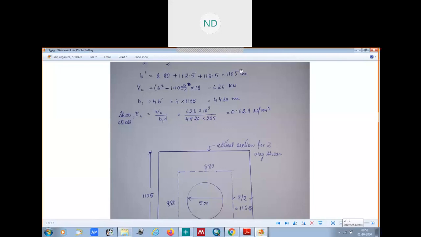From that size, if we subtract this portion, we will get our shear force of 626 kilonewton. B naught is 4 B dash, because from all the sides it is B dash. Our critical section length is 1105 mm, so 4 into that will give you your B naught.